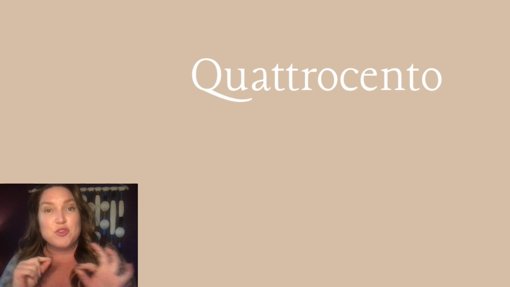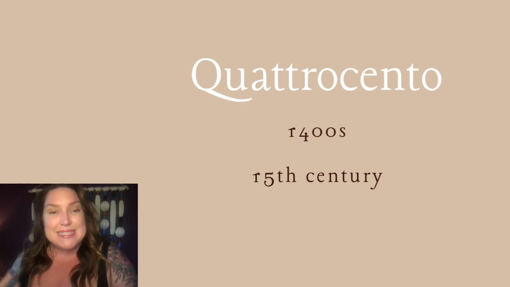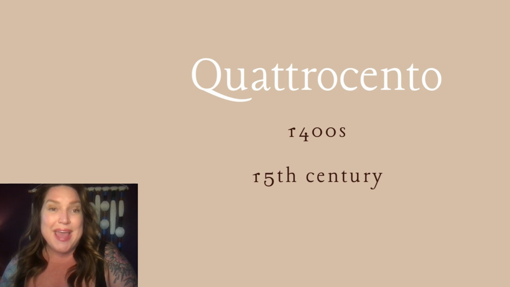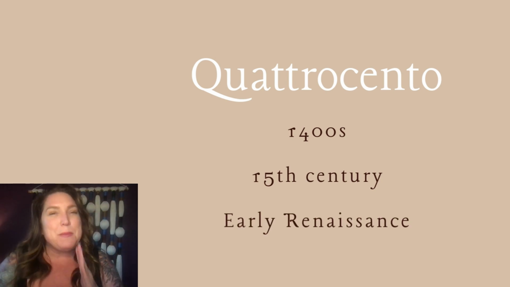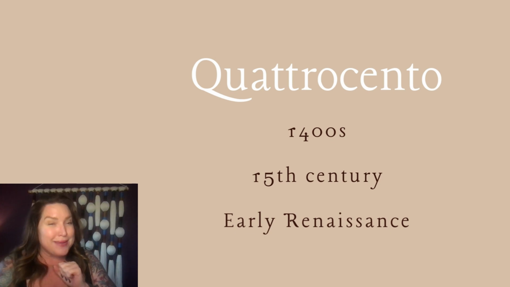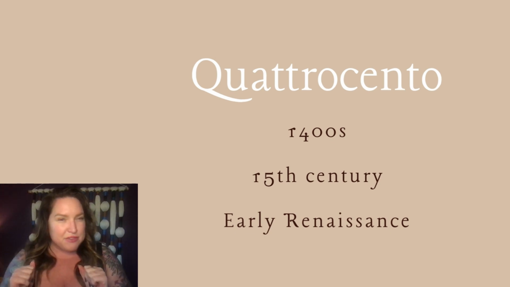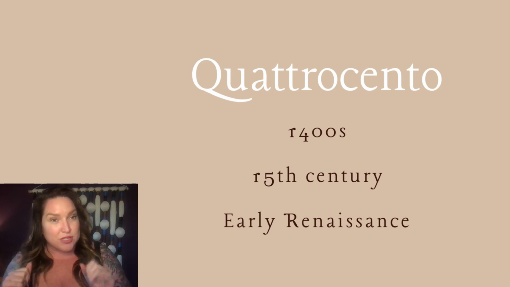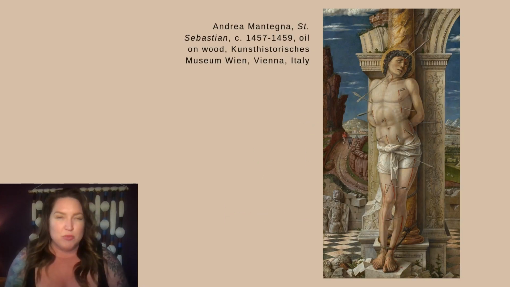Let's start with some terms. We're going to hear this term Quattrocento. This refers to the 1400s or the 15th century, and this is a time period that we refer to as the early Renaissance. And this is when we see some really big changes happening in the arts. Some of the important artistic trends that we will see in the 15th century or the Quattrocento is a new attention to the human form.